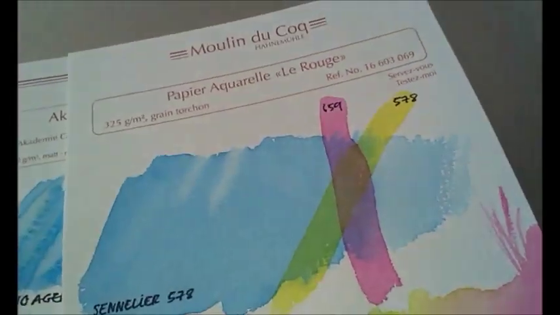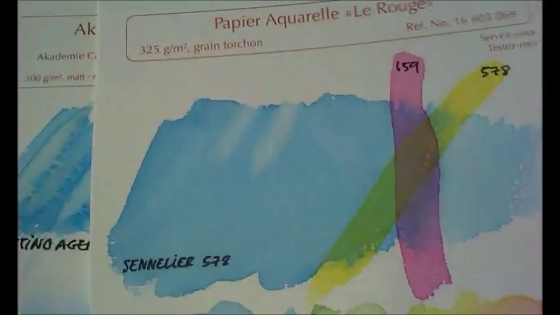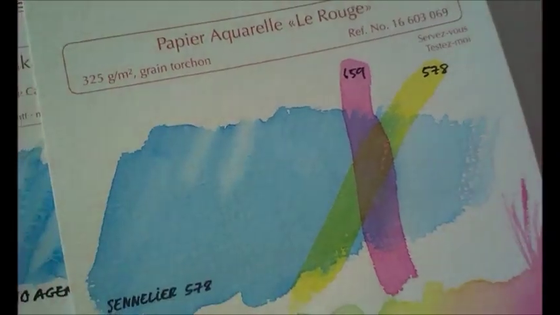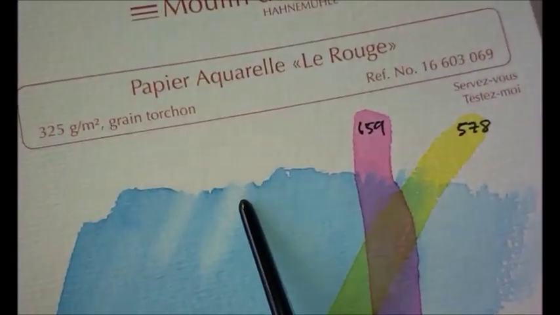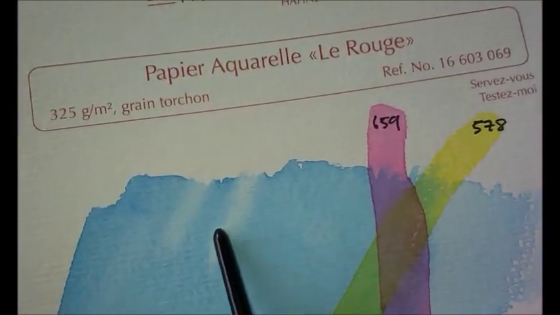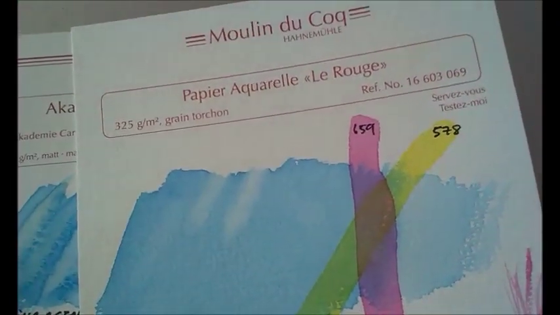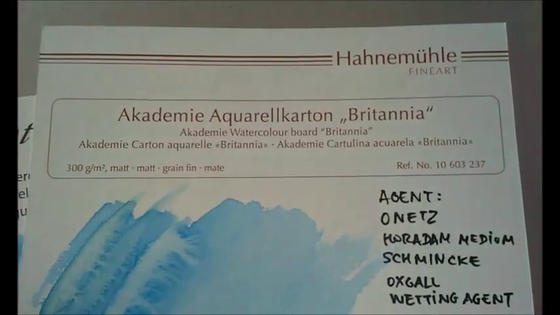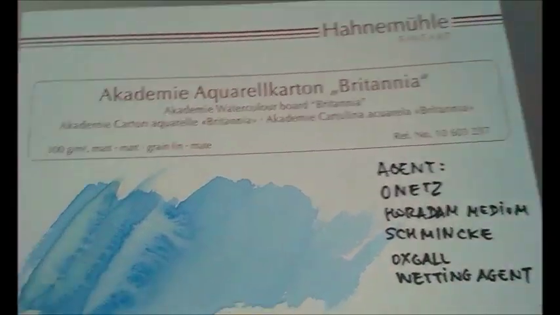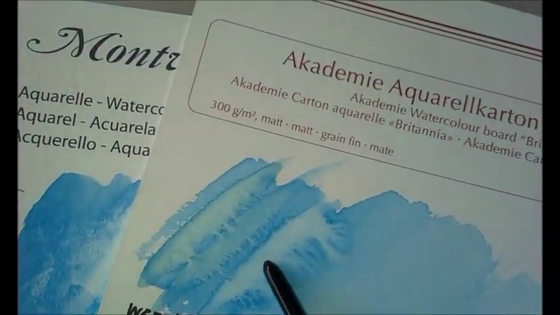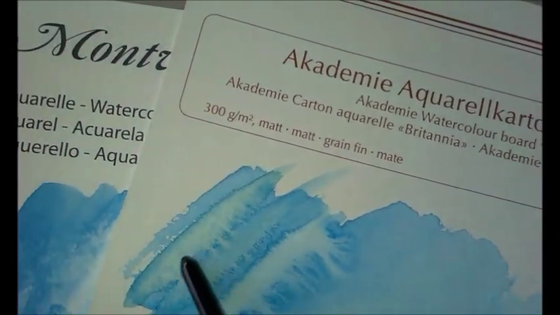This is the lifting test that I did. You can see that after I removed the ink, it doesn't remove a lot, it stays a bit blue, and I used the same ink for all the papers. This other one is by Hahnemühle, and I did the same test, and you see that the ink goes a bit more.